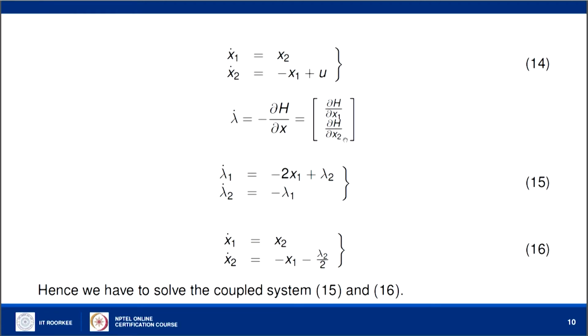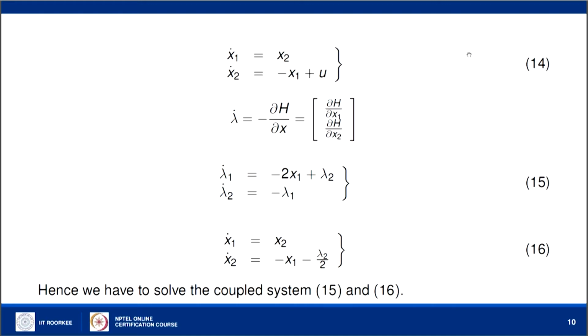If you substitute the H expression, we get lambda 1 dot equal to minus 2 x1 plus x2 plus lambda 2, and lambda 2 dot equal to minus lambda 1. So we have the expression as given here.